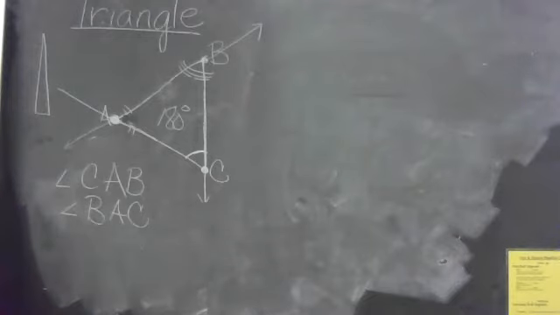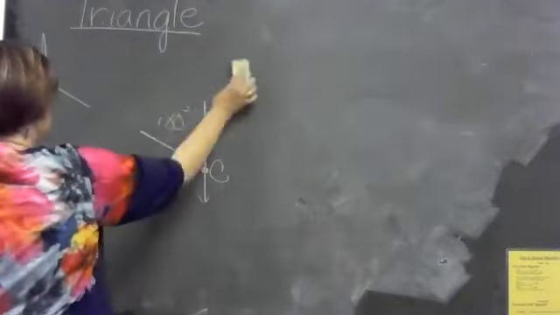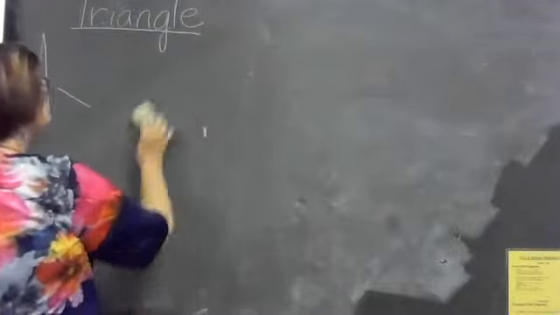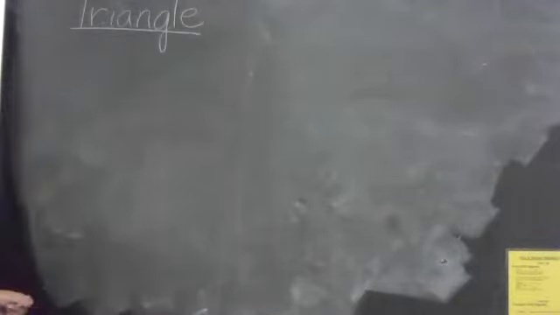So that's symbolism. I'll go through the worksheets in a minute and see if I missed anything, but now we'll talk about the names. Triangles have a name according to sides.